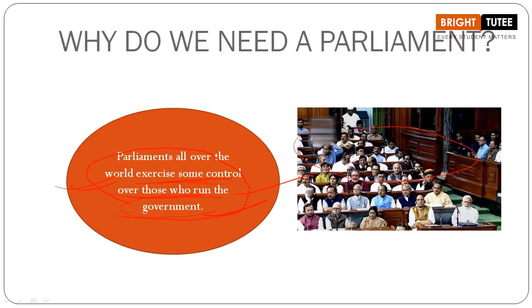Because till they are enjoying the confidence of the Lok Sabha, when we are talking about the ruling party. Okay, so let's say BJP is the current ruling party in our country. Till they're enjoying their vote of confidence in the Lok Sabha, in the House of People, till then only we can say that they can make the laws, they can change the laws, they are in power.